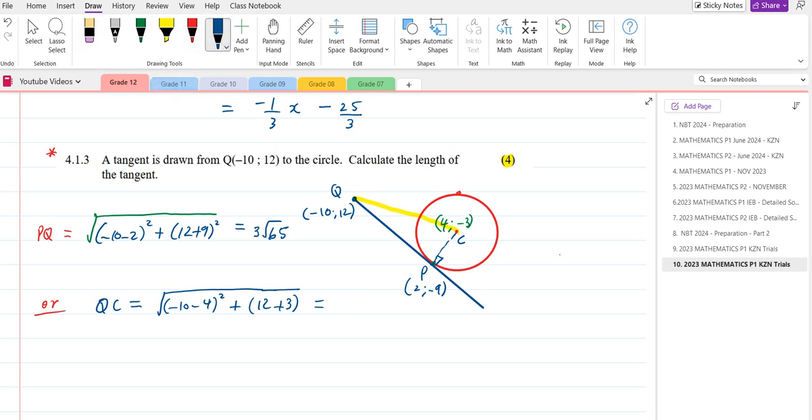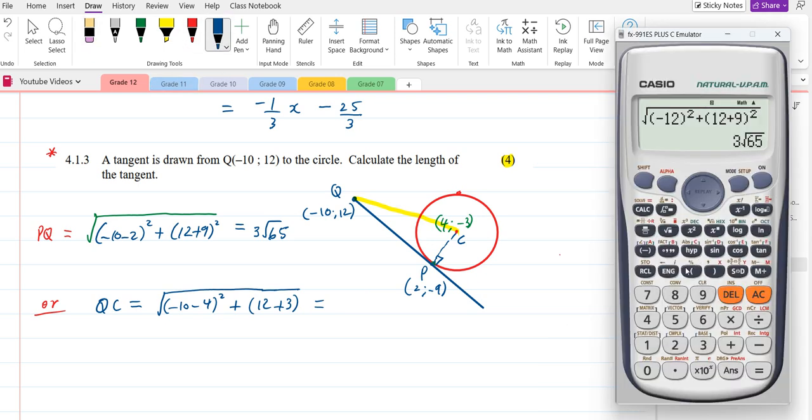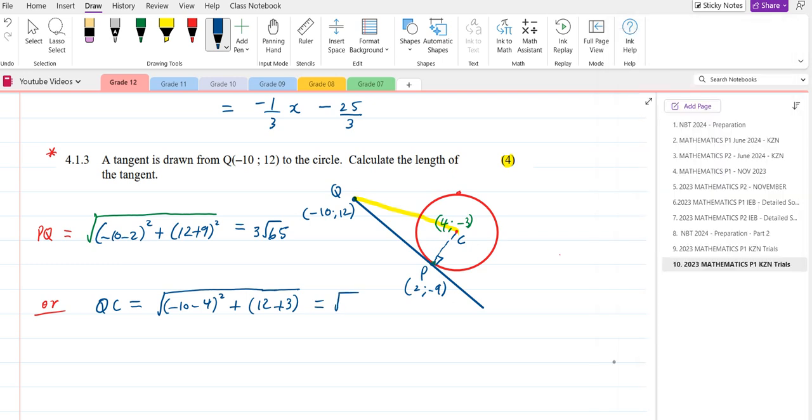So this is QC is square root of 14 squared, negative squared is positive, plus 15 squared. So I'm getting 421, right? And the radius is equal to square root of 40.